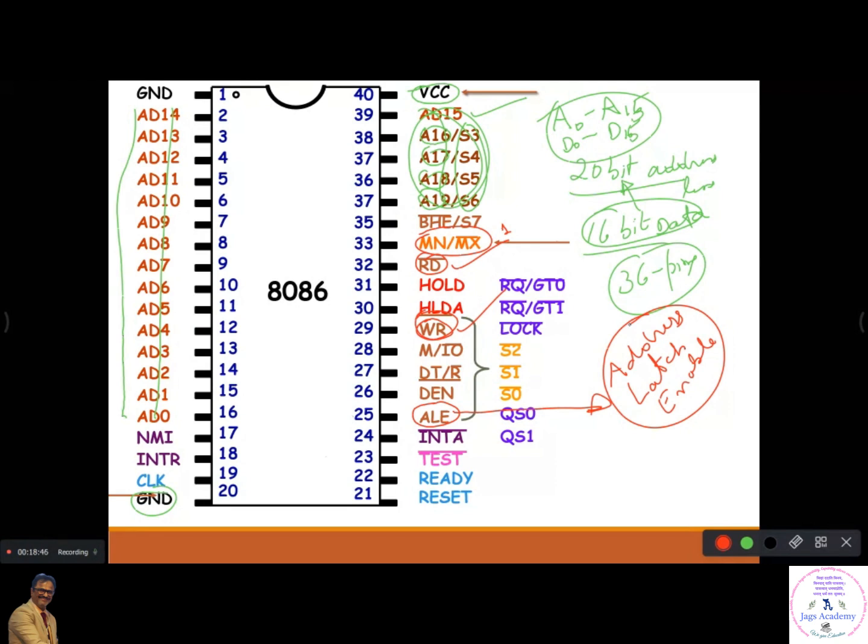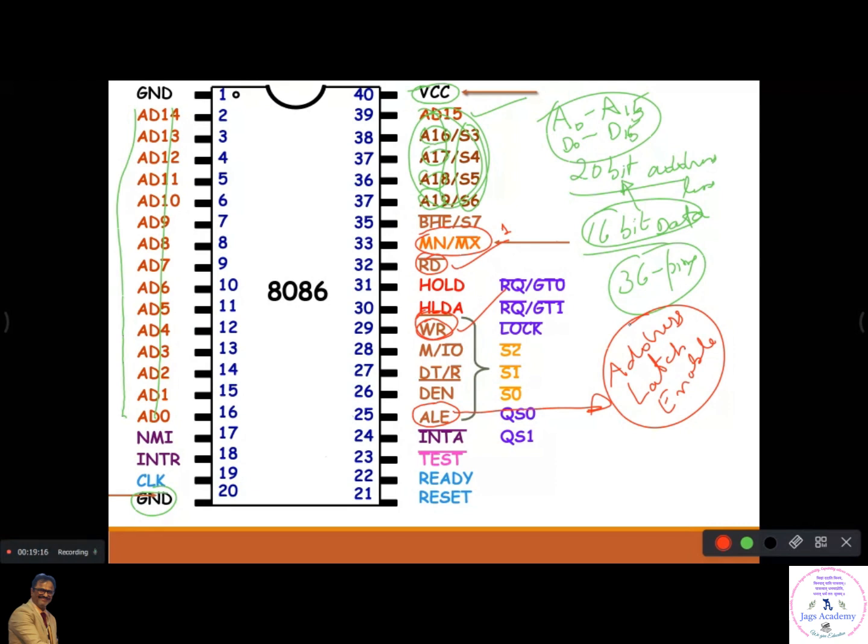Whenever the ALE goes high or low, depending on the microprocessor, the ALE signal will tell you that the address data line has to be used now as an address line. When ALE goes high, that means your address data line now acts like an address line. That's called address latch enable.